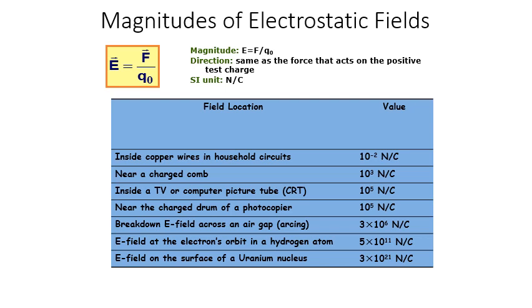The electric field at the electron's orbit is 5 into 10 to the power 11, and at the surface of uranium it is about 3 into 10 to the power 21. Just to give you information I have put this here.